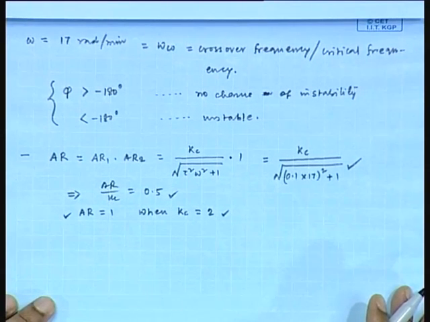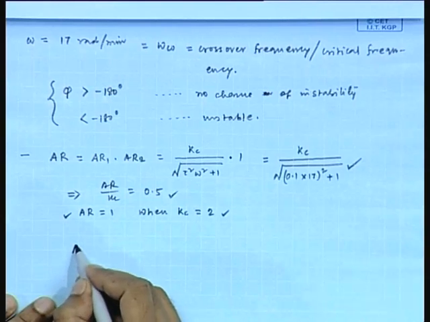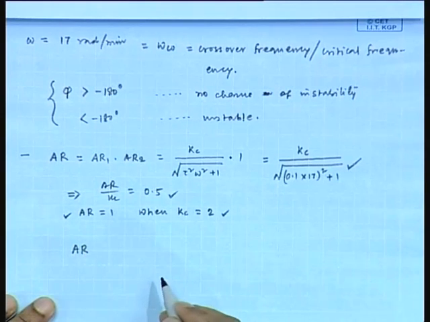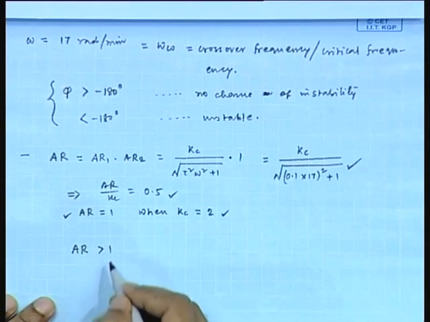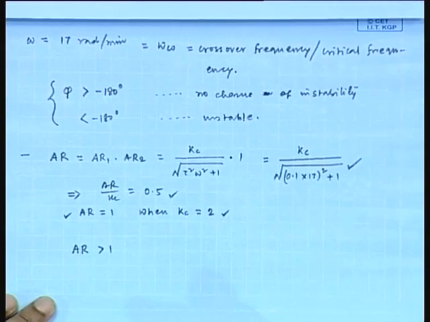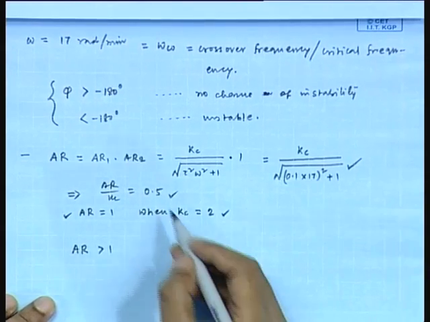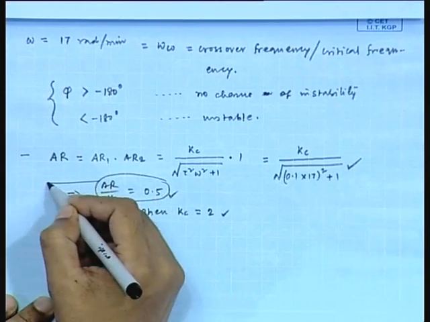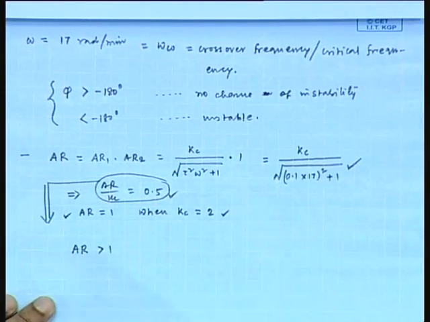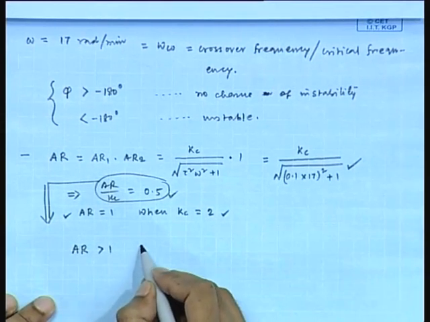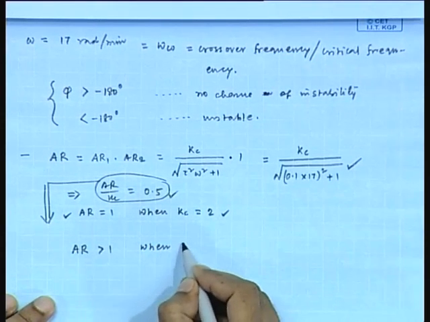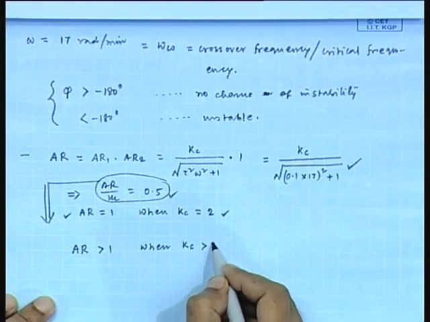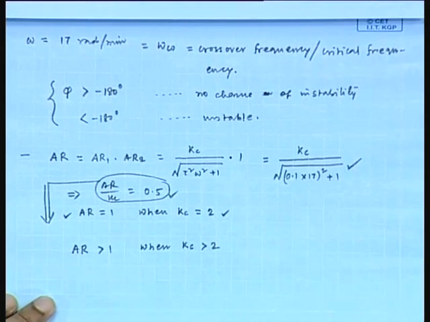Fine. In this line, we can say that amplitude ratio is greater than 1 when Kc is greater than 2. You can conclude from this expression. Amplitude ratio becomes greater than 1 when Kc is greater than 2.